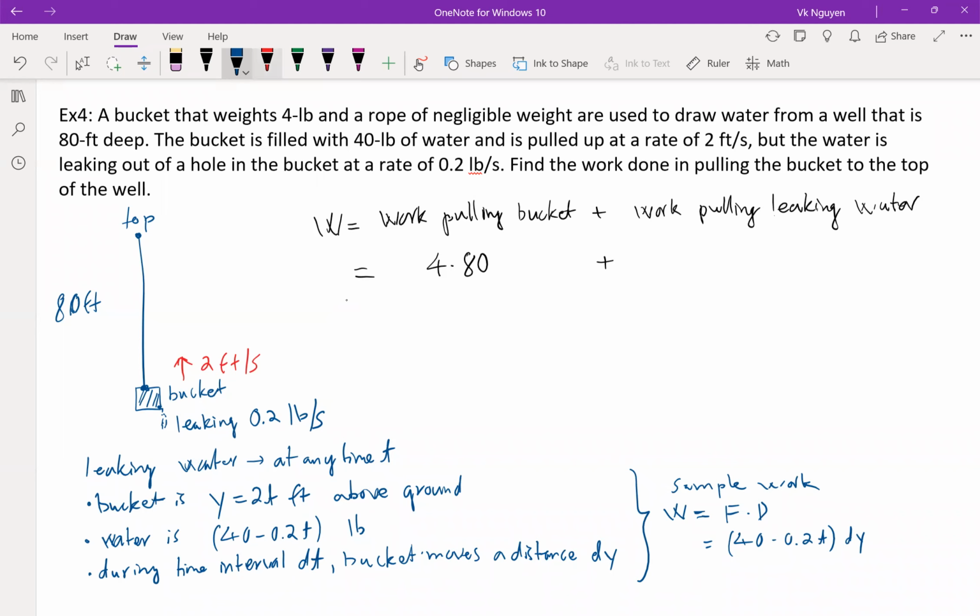We need to do the substitution here, and then the substitution is y equals 2t, so that means t is y over 2. So 40 minus 0.2 times y over 2 dy. Or 40 minus y over 10 dy.